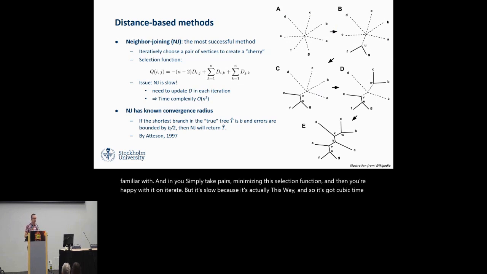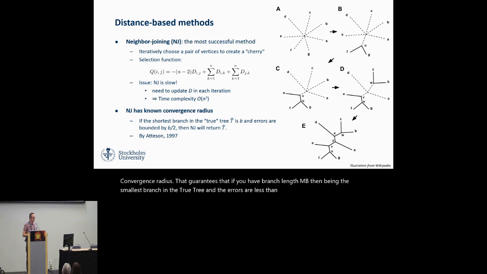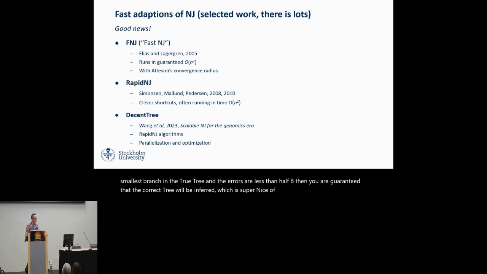On the plus side, it has some nice quality guarantees, the Atteson convergence radius, which guarantees that if you have branch length B, being the smallest branch in the true tree, and the errors are less than half of B, then the correct tree will be inferred, which is super nice, of course.